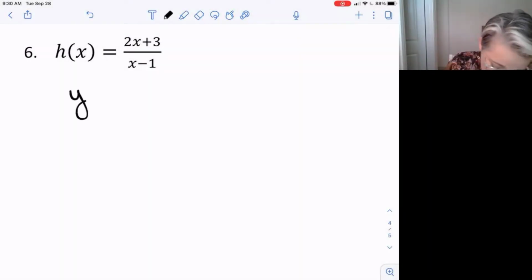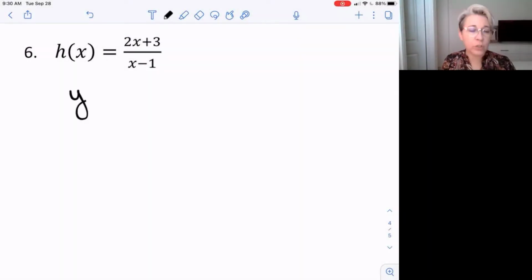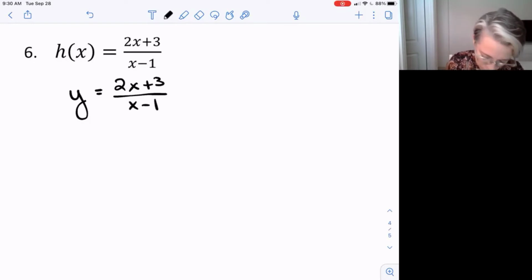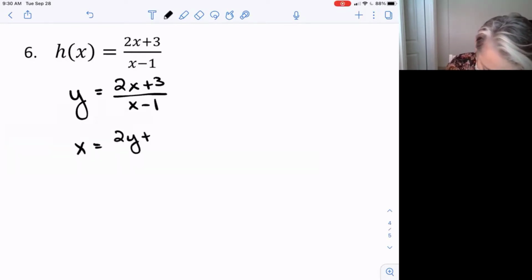So for this one, again, we have h of x equals 2x plus 3 over x minus 1. Again, we're going to replace the h of x with a y. And then switch all the y's to x's and all of the x's to y's.